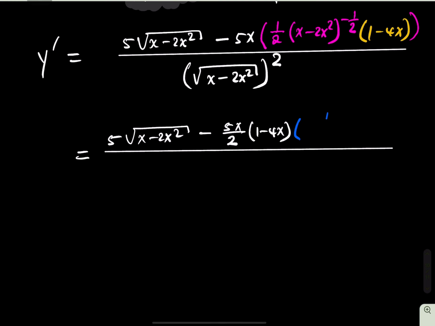So that is going to be multiplied by 1 over the square root of x minus 2x squared. It's the same as this particular factor here, but this one and this one are going to undo each other, and you'll be left with x minus 2x squared. It's what you are going to be having.